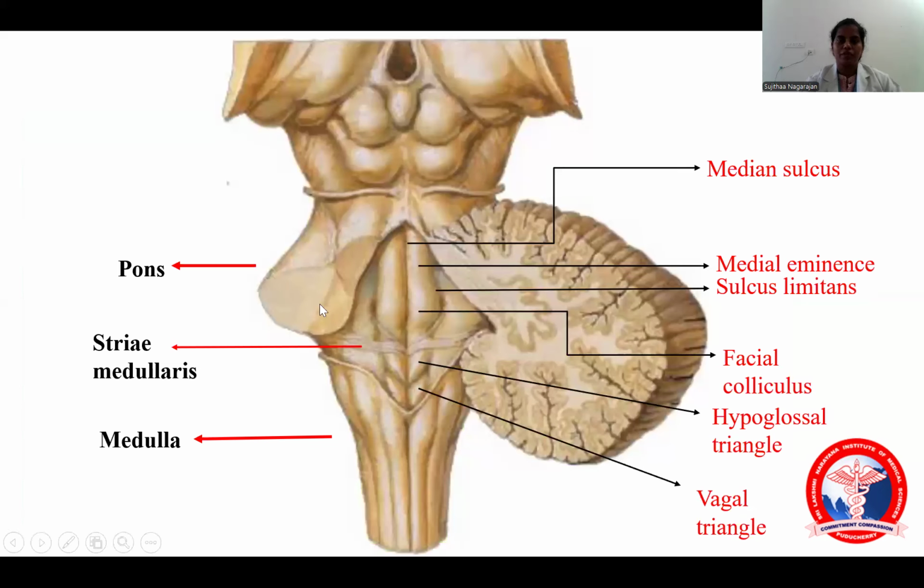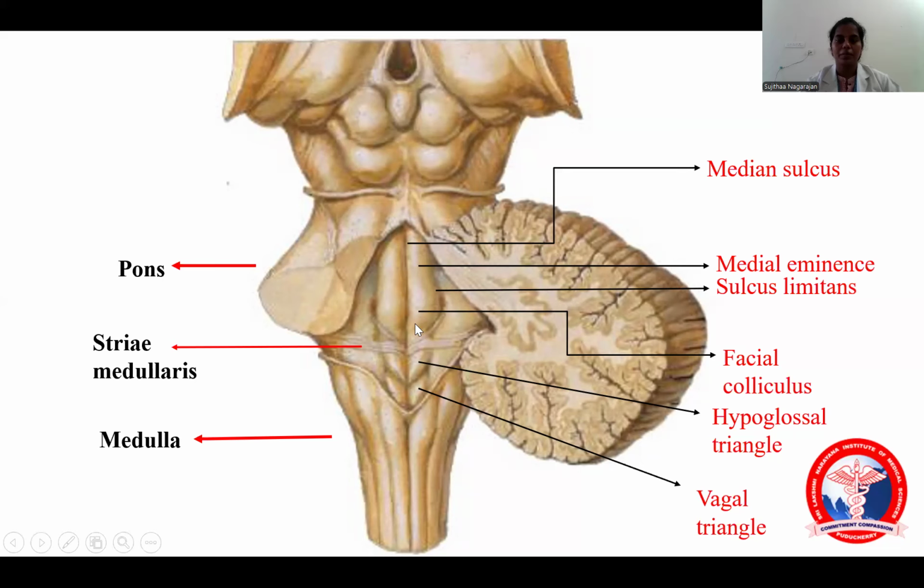As we know, this is the posterior surface of the pons, this is the posterior surface of the medulla, both are separated by the stria medullaris. Now, on the posterior surface of the pons, there is a sulcus called the median sulcus. On either side of the median sulcus, we have a longitudinal elevation called the medial eminence.